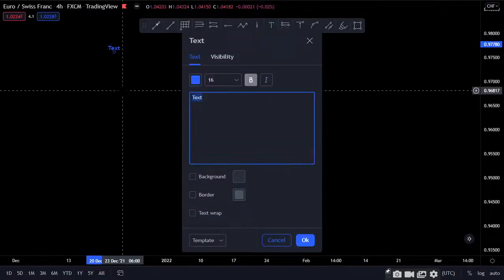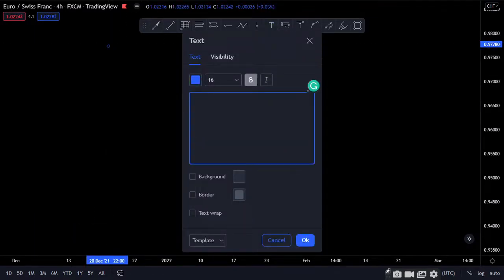So we have three types of market structure. The first one is bullish market structure.